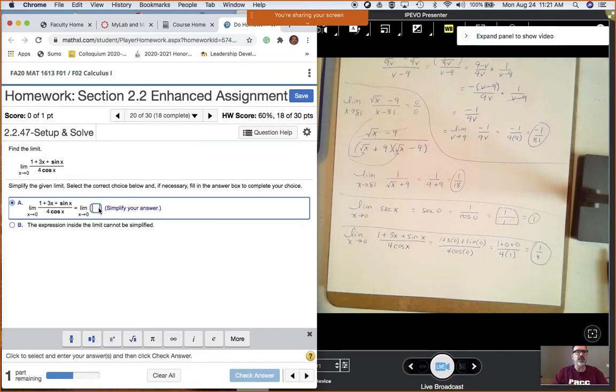This is interesting. They're wanting some step in between. Not sure what they want. Let's put each term over the denominator.